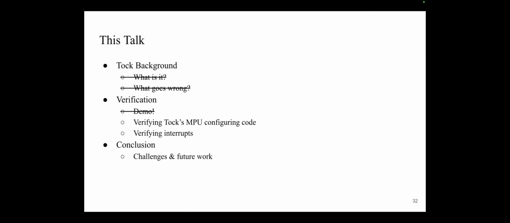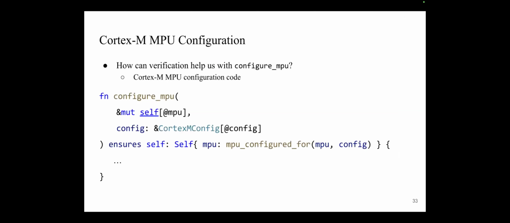Okay, so now I want to move on to some high level detail about the verification that we're doing in Tock. I want to go back to the configure MPU method that I showed before, in particular in the bug example. And the question that I want to ask here is, how can verification actually help us with this method?